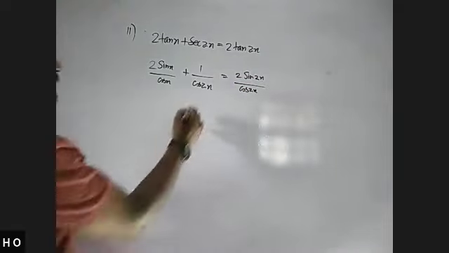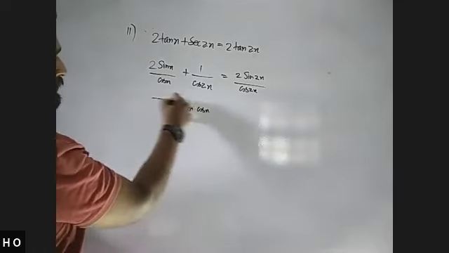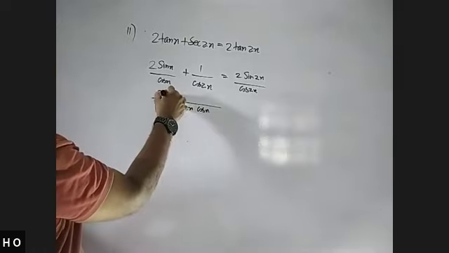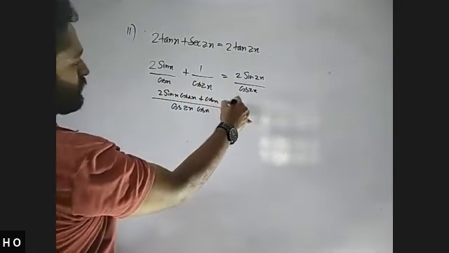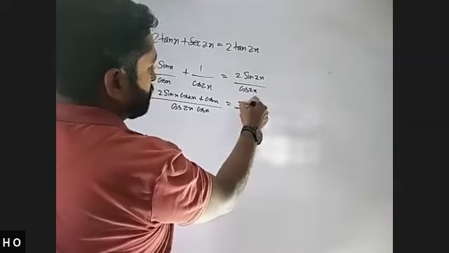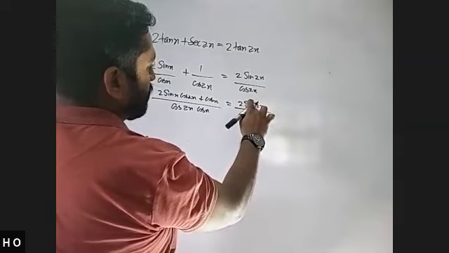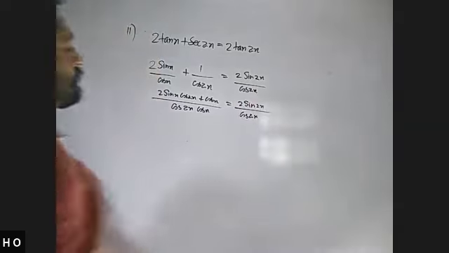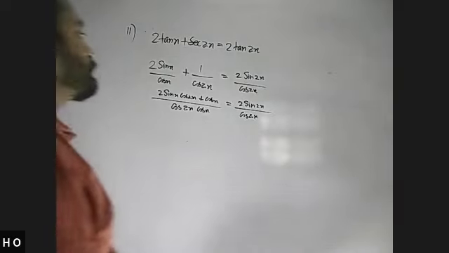By the way, here cos 2x into cos x is the LCM. So 2 sin x cos 2x plus cos x is going to be 2 sin 2x.